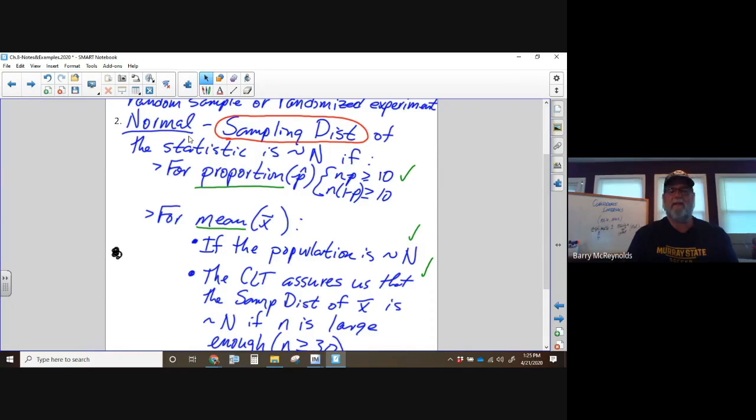Or if the distribution is bimodal, for example, like student heights that contain both males and females mixed together. If your distribution is not normal, then you can't construct a confidence interval. So that's why it's important that we understand the conditions for our sampling distribution to be normally shaped.